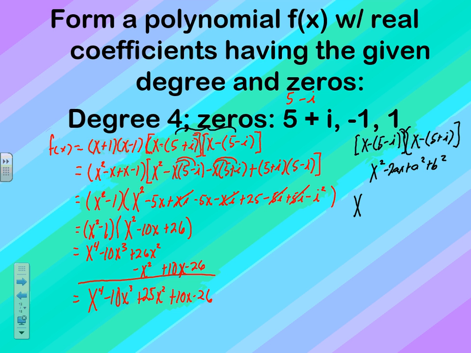So x squared minus 2, the a term in this case is a 5. The b term in this case is still just a 1. And so let's see what we get. x squared minus 10x. 5 squared is 25, 1 squared is 1, 25 plus 1 is 26. So either way that you want to approach it is fine with me as long as you get the right answer at some point.